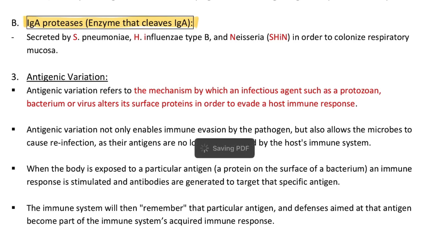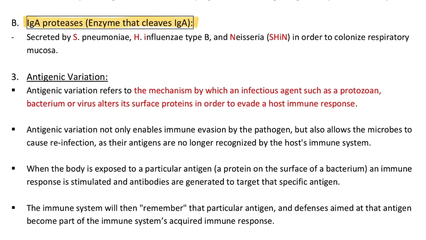Okay, so the clinical relevance is that they are commonly involved in otitis media, sinusitis, meningitis and pneumonia. How can we do management? We can use vaccination and prompt antibiotic therapy for those pathogens, like amoxicillin-clavulanate, or we can say Augmentin, or ceftriaxone for severe infections.